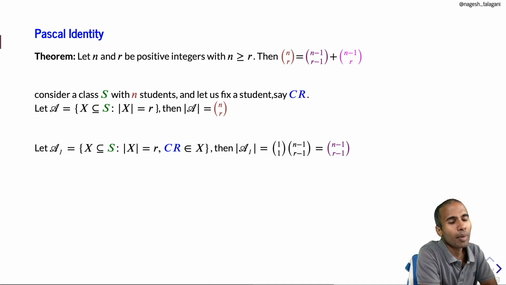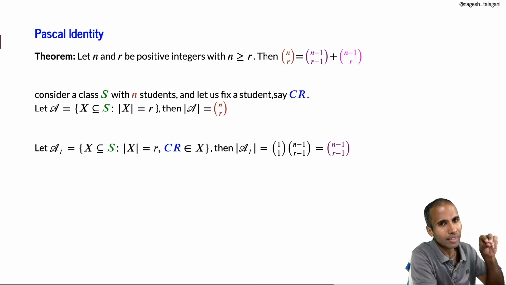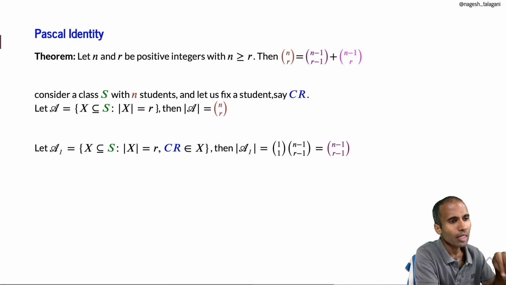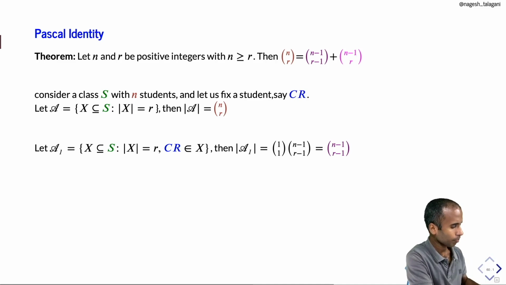So the number of elements in A1 is going to be n minus 1 choose r minus 1, because we are selecting CR in 1 choose 1 ways, then the remaining r minus 1 we are selecting from the remaining n minus 1 students. That's why 1 choose 1 times n minus 1 choose r minus 1, which gives you n minus 1 choose r minus 1.